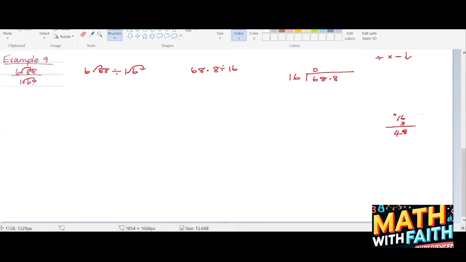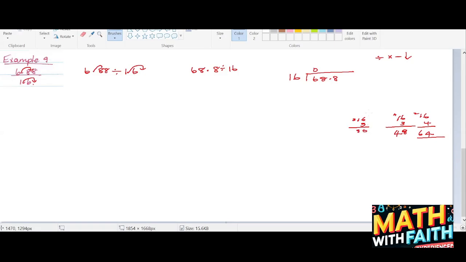Let's try 4. 16 by 4. 6 fours are 24, 1 four is 4 and 2 is 6. Well, I feel it's 4, but let's just try 5 for good measure. 6 fives are 30, 1 five is 5, and 3 is 8.